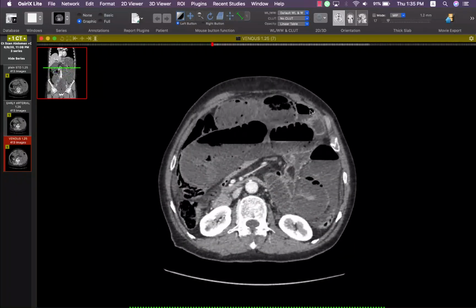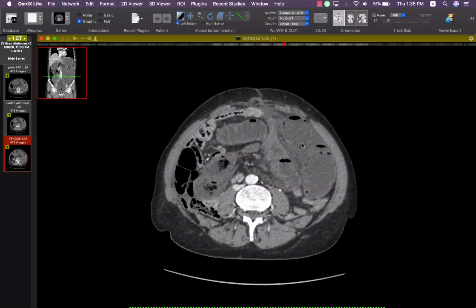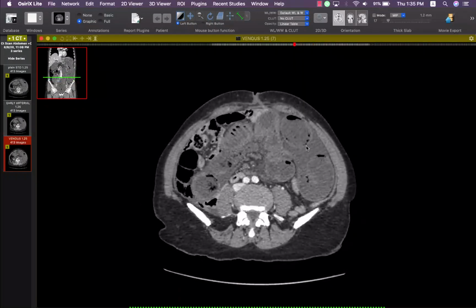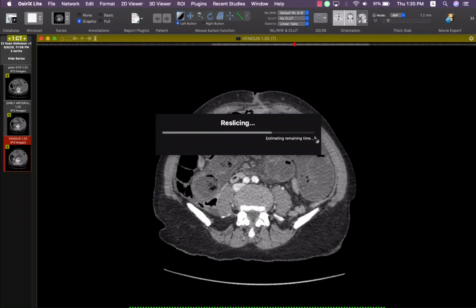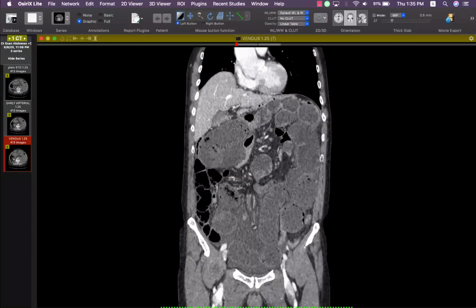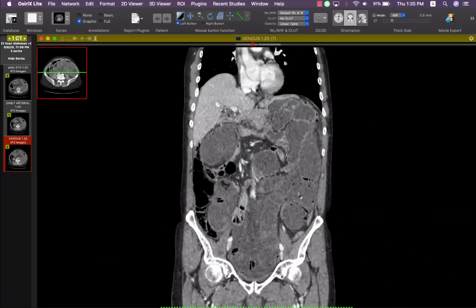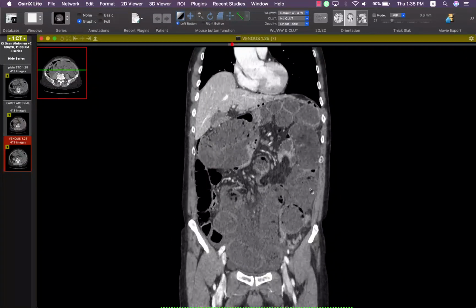And if adhesion is the cause of the closed loop obstruction... if it is an internal hernia, it will be the transmesenteric type. Because if we are looking for the neck of the internal hernia, by following the converging mesenteric vessels, they usually point to the site of the neck or the orifice of the internal hernia.